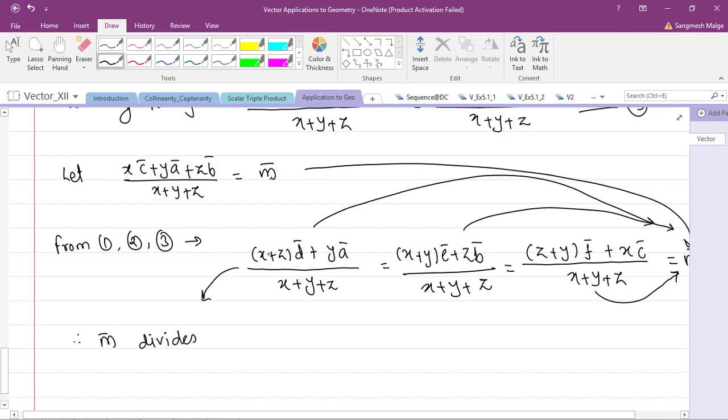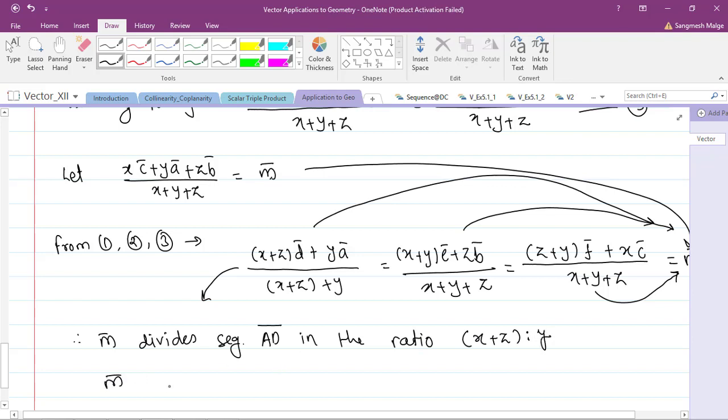Now if you observe this very carefully, I can rewrite this in this fashion, x plus z plus y. So m bar divides segment AD bar in the ratio x plus z is to y internally.